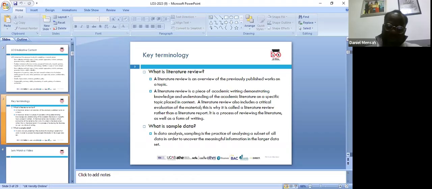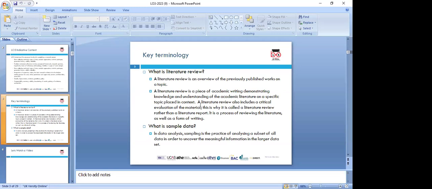So, for instance, we want to look into what may be the possible reasons why Boko Haram has increased in Nigeria. You may have somebody who has written about the causes of Boko Haram, but probably there may be other parts of those divisions or aspects of Boko Haram that have not been explored.